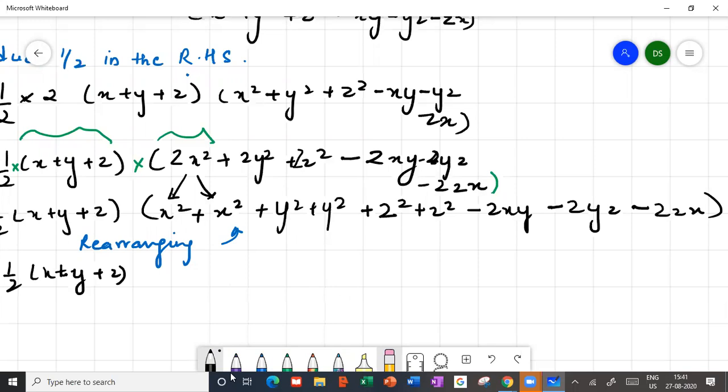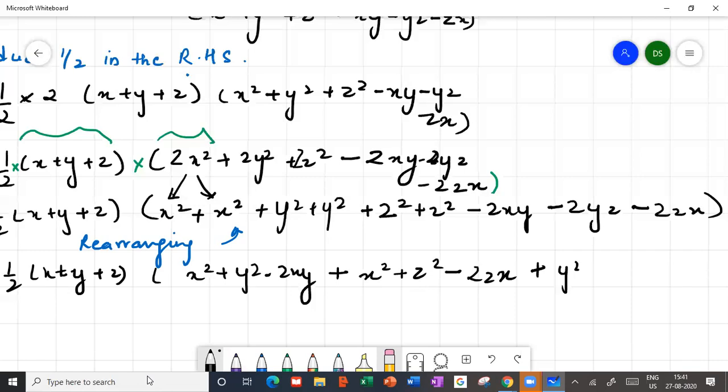Okay, so this will become x square plus y square minus 2xy plus x square plus z square minus 2zx plus y square plus z square minus 2yz.